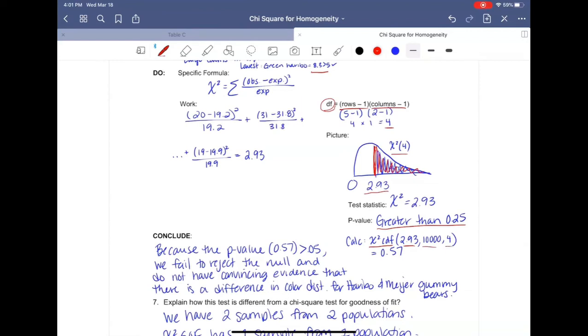And that gave us a p-value of 0.57. Either answer would be accepted there. You can say greater than 0.25 or use your calculator for 0.57. So for my conclusion, because the p-value is greater than 0.05, we fail to reject the null and do not have convincing evidence that there is a difference in color distribution for Haribo and Meyer gummy bears.